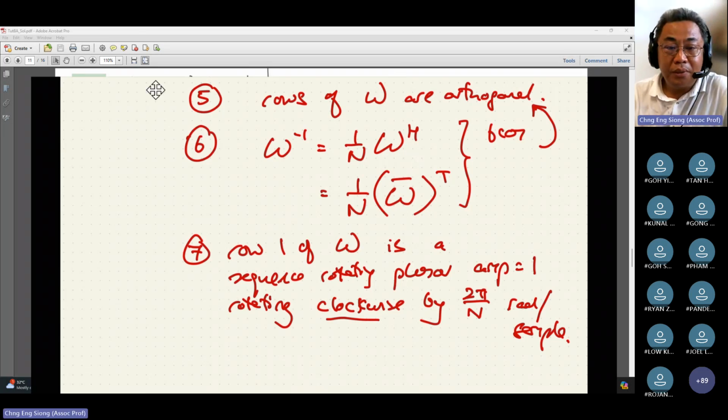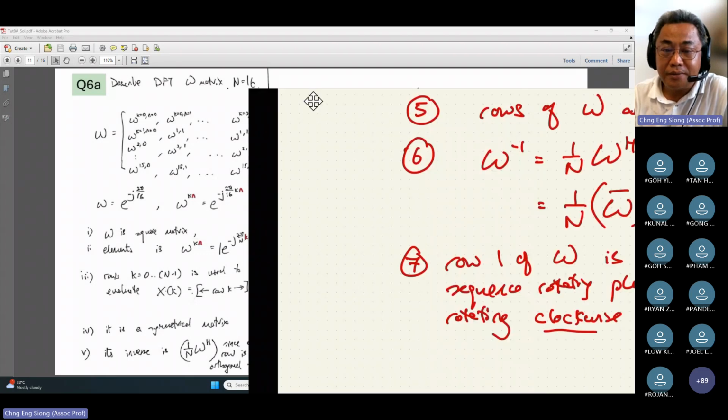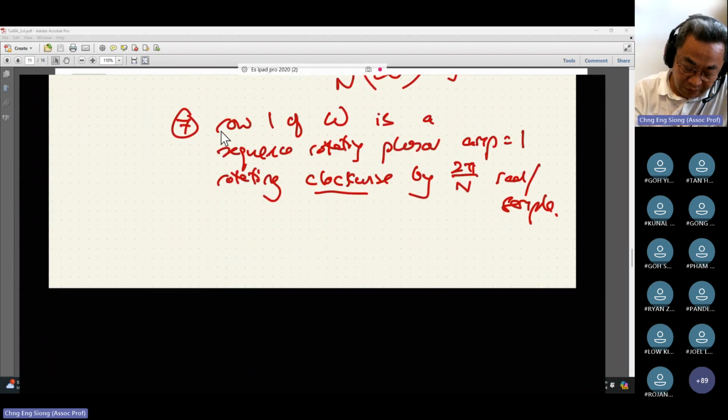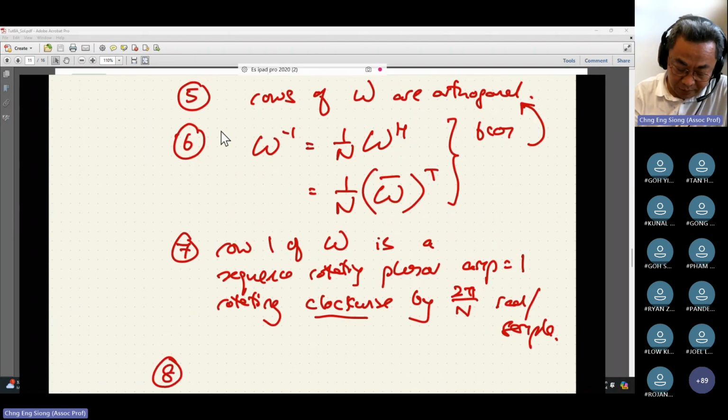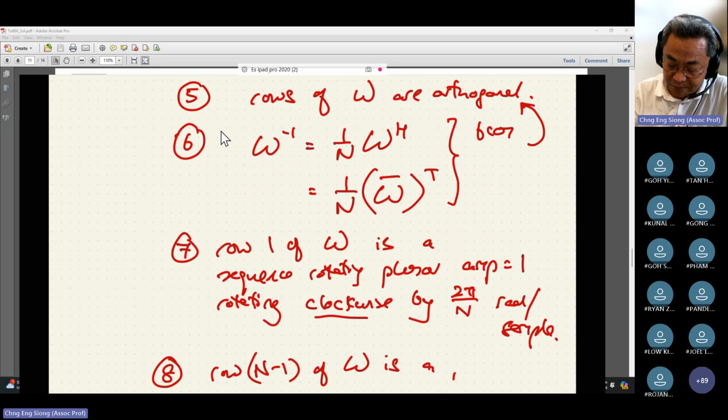All right, see, we can understand so many properties now, right? Now this is very difficult to understand, but you have to do it by yourself. Row N minus 1 of W is what? A phasor rotating what, guys?